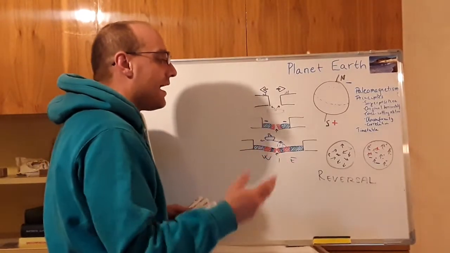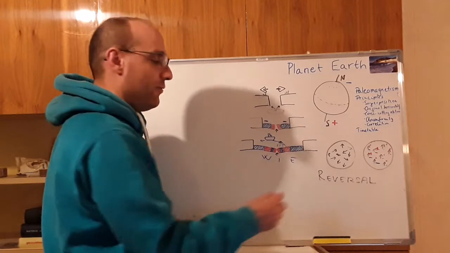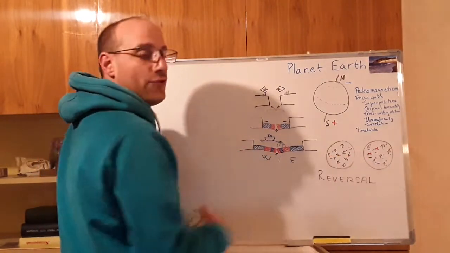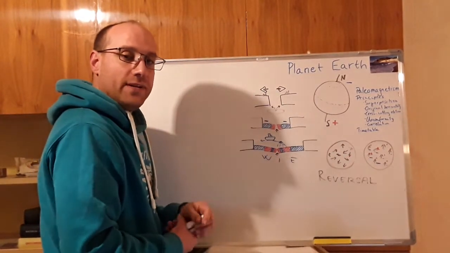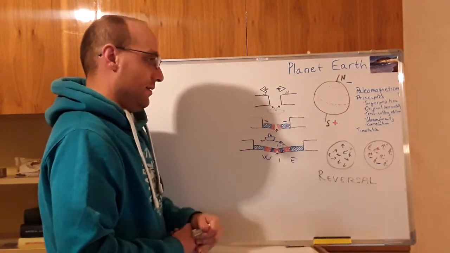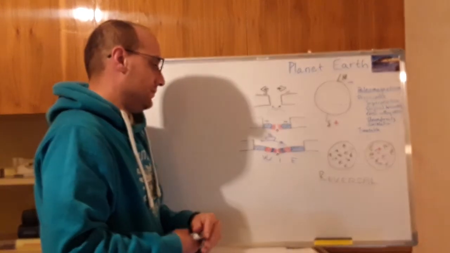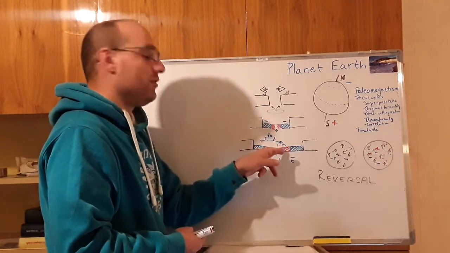So what we can do now is go to a volcano, and volcanic rocks will also show the actual direction of the northern magnetic pole. We can do the same here.